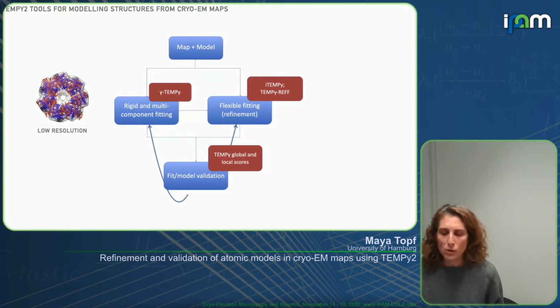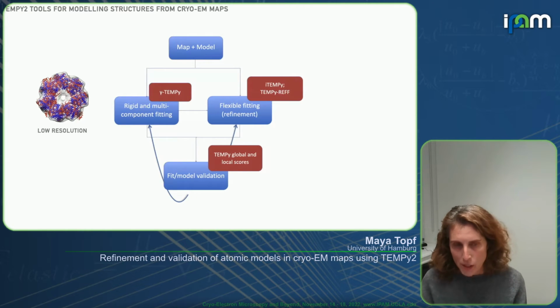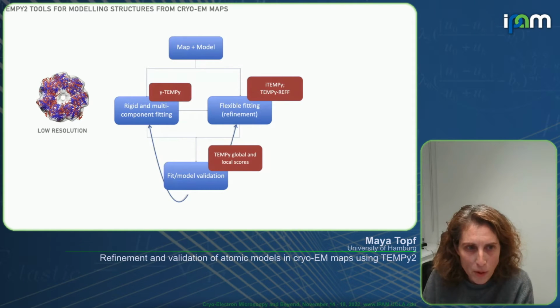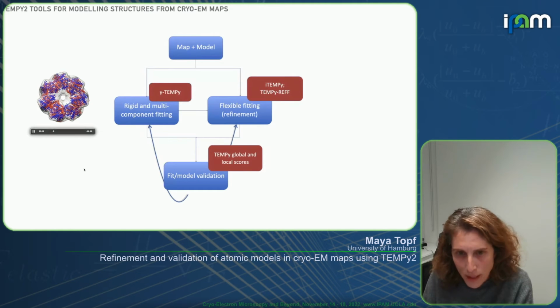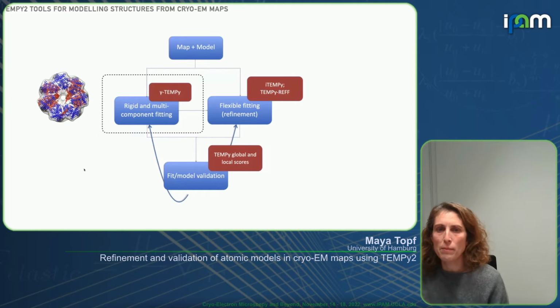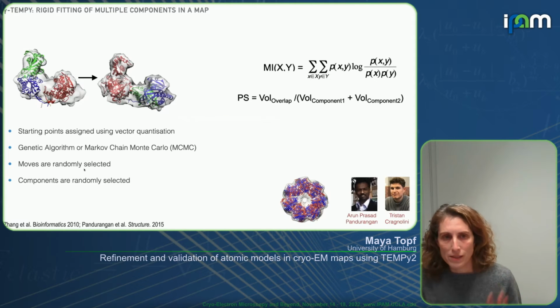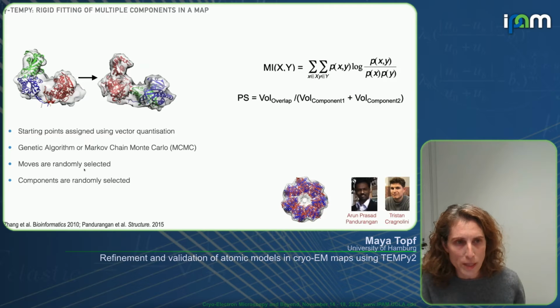Okay, so now that we know about validation of our models, the question is, what do we do with fitting? The first thing is to do rigid fitting or multiple component fitting, and for that, some time ago we developed the TEMPy software. It exists in the TEMPy package, but I'm not going to talk about it too much today.